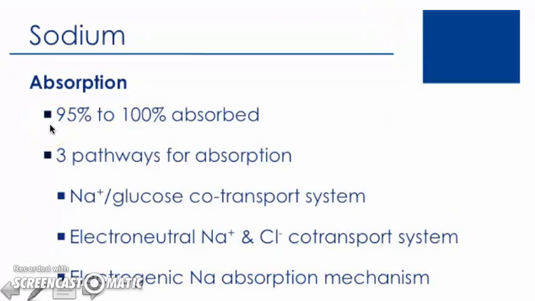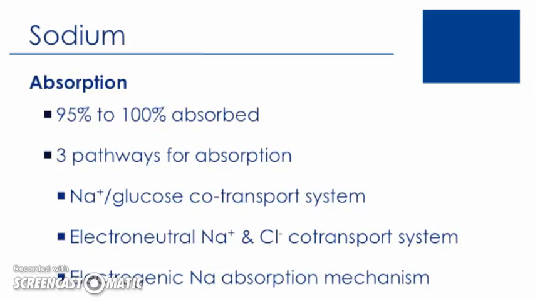For the process of sodium absorption, there are actually 3 different modes that we're going to review. Since there are a number of mechanisms for sodium absorption, the percent that is absorbed is very high, approaching 100% absorption of that which we consume. We'll go over the 3 pathways: one being a sodium-glucose co-transport system, so sodium and glucose being absorbed together.